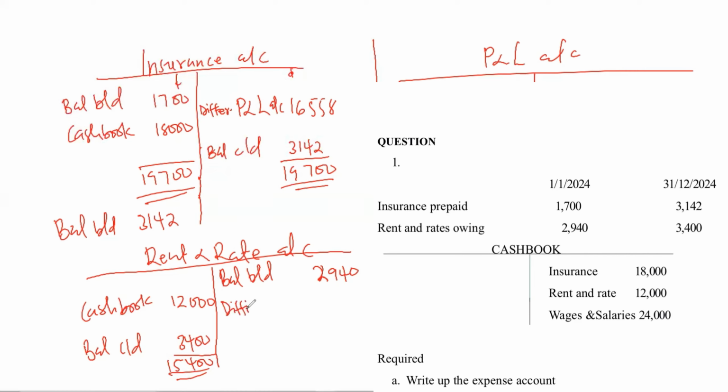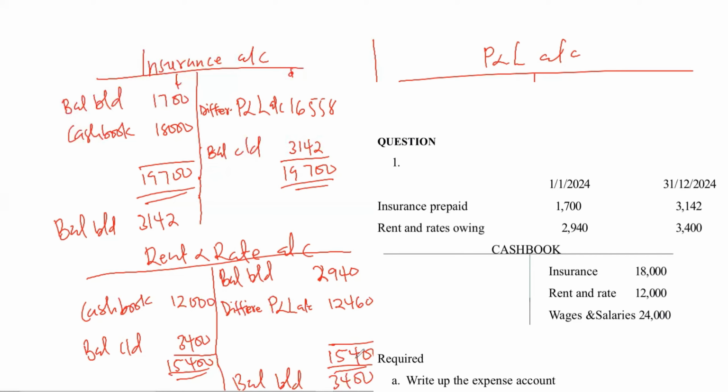We don't say balance carried down, but we write P&L account to show that this is the amount that will go to the P&L account, 12,460. Then when we add the credit side, it is also 15,400. We come here to write our balance brought down, which is 3,000.